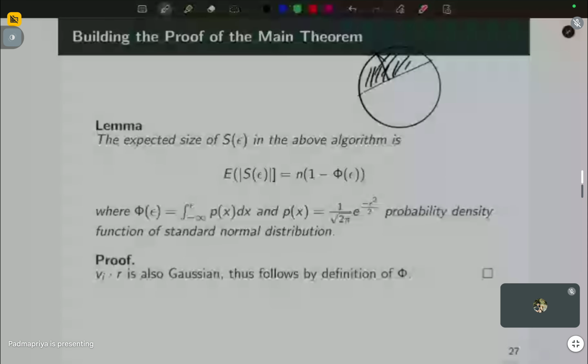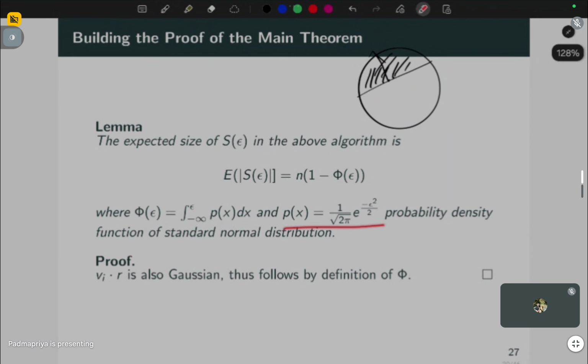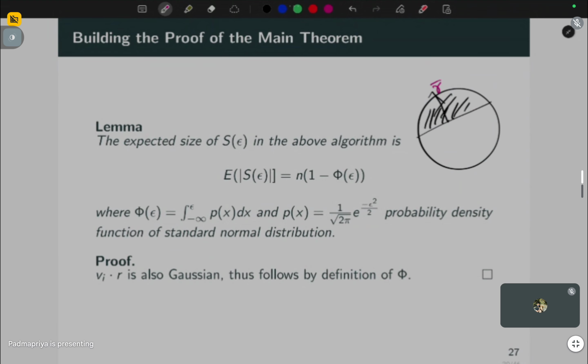That is the question we have first. It is going to be this number over here. Here, phi is the cumulative distribution function of the Gaussian randomness. If you remember, the R which we picked, the vector R, is Gaussianly distributed.